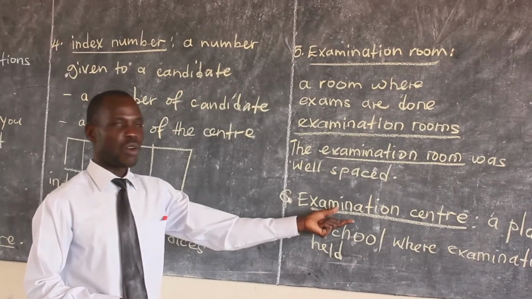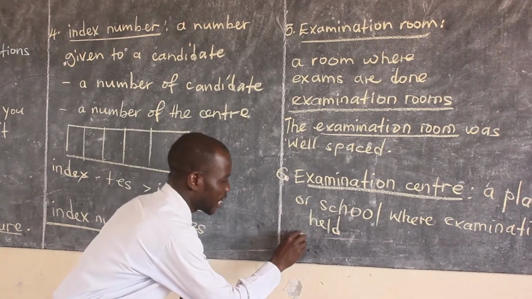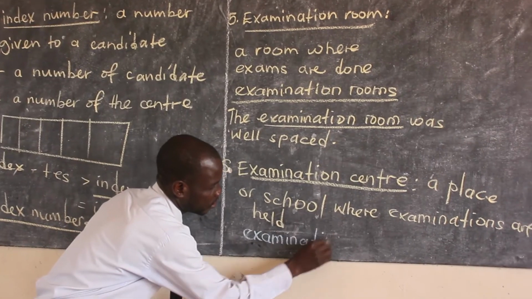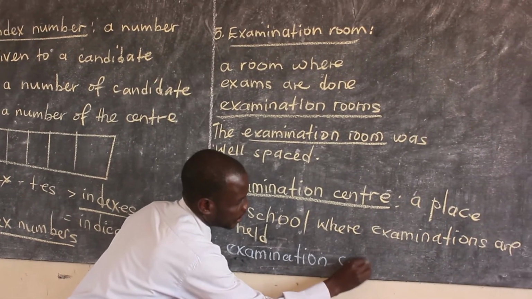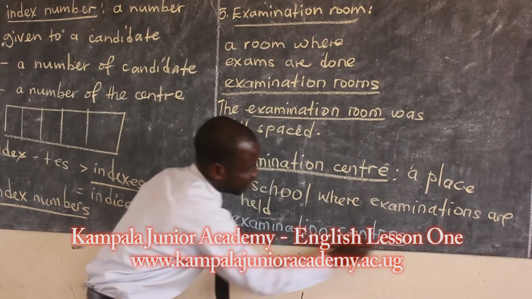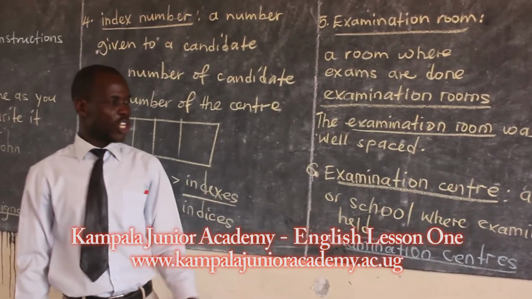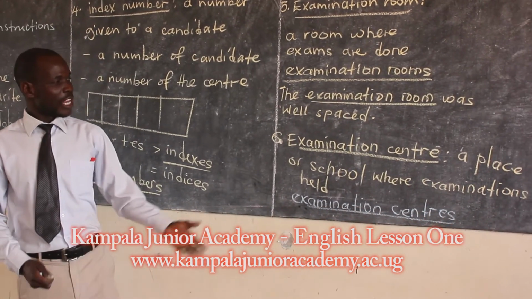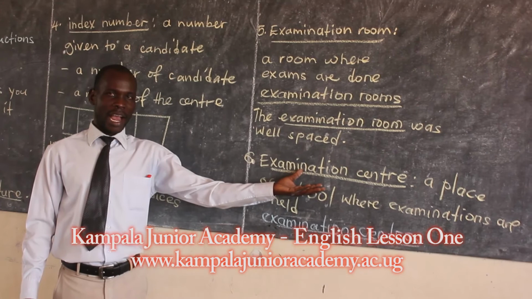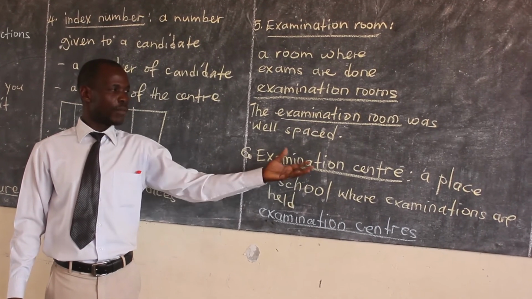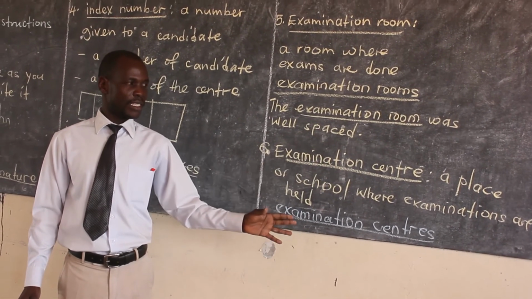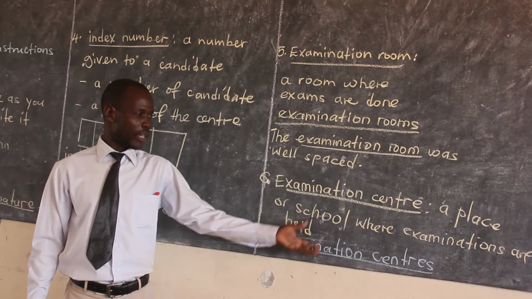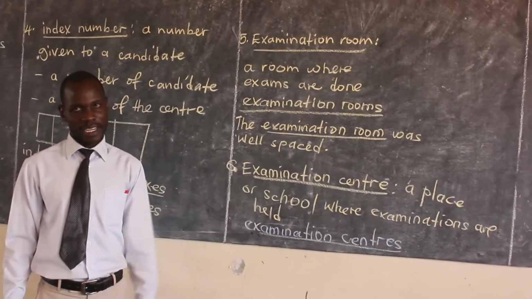So if we are forming the plural form of examination center, we shall say examination centers, referring to many places where examinations are being done. Now, having understood the meaning of the word examination center, you can write a sentence. You can write many sentences from this word examination center, or you can write in plural, examination centers.